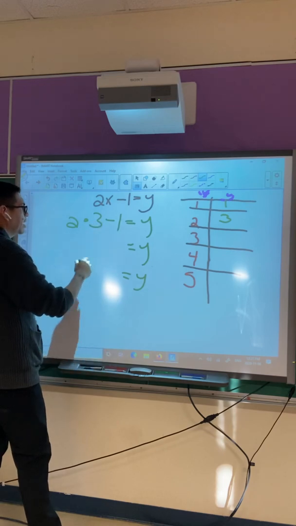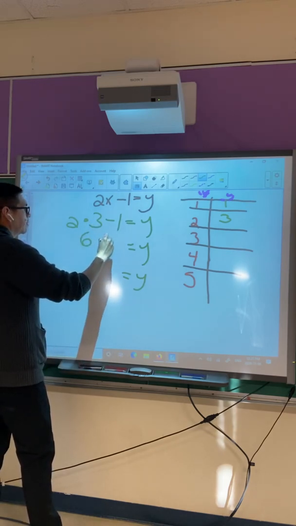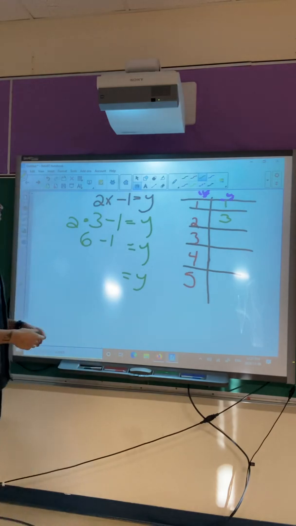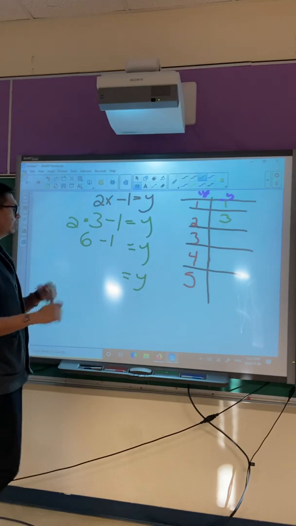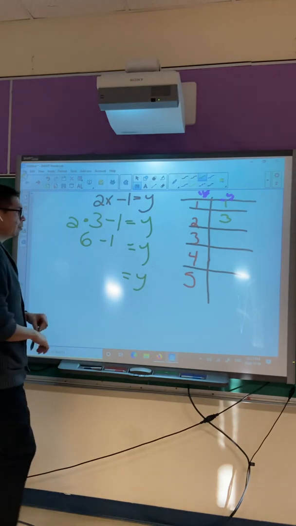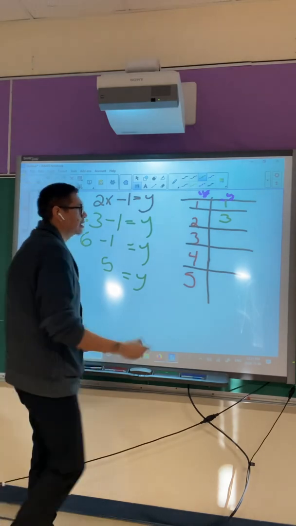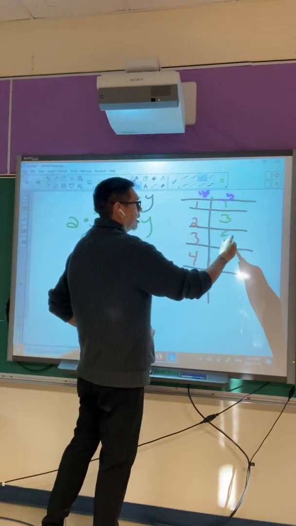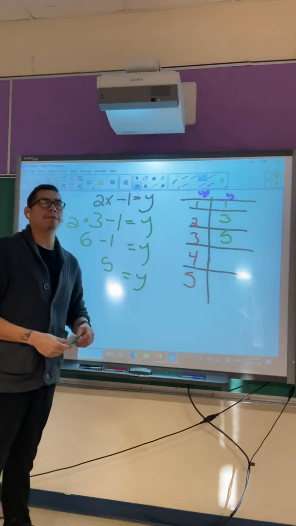Again, we do the multiplication first because of PEDMAS: division and multiplication first before addition and subtraction. 6 take away 1 is 5. Every time x is 3 in this equation, y will be 5.